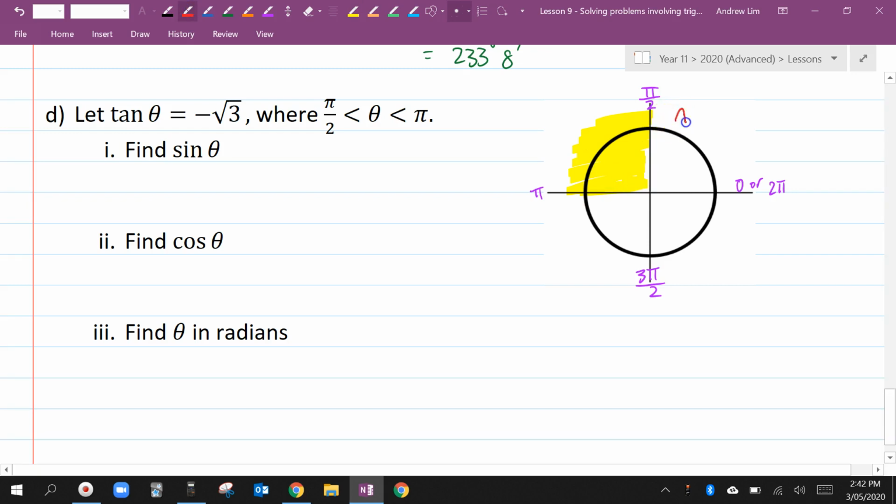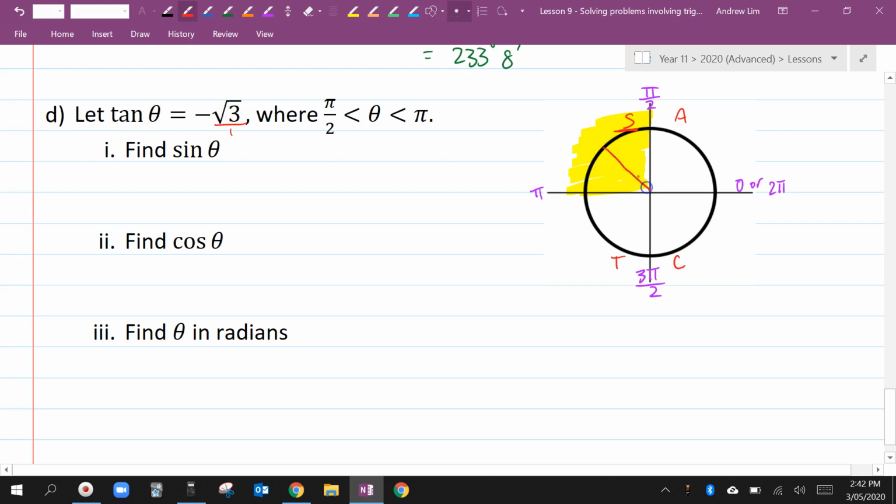And with all stations to central, we know that tan is negative in the second quadrant because only sine is positive. So that's good.